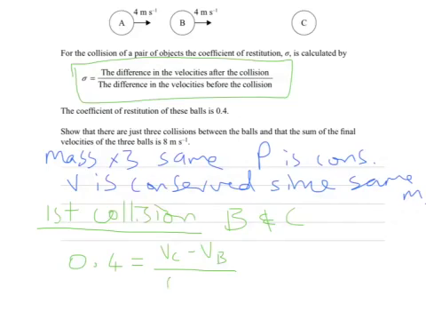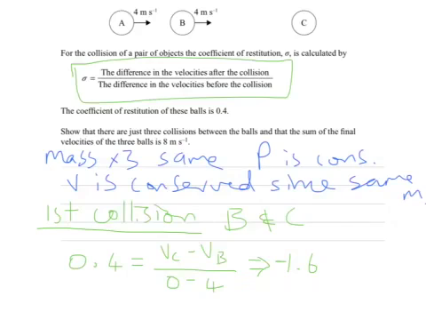VC is 0 and VB is 4, so minus 4. That leads to negative 1.6 if we're being strictly correct.